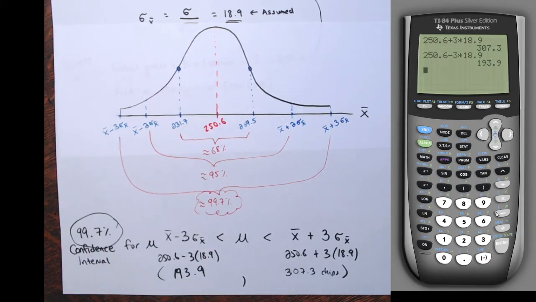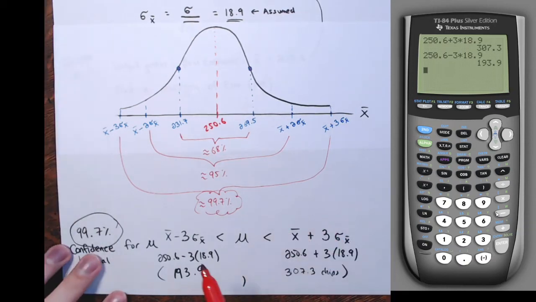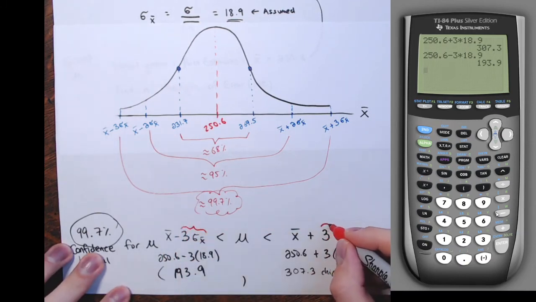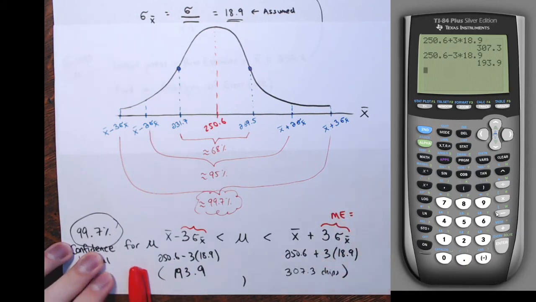Now, if they wanted, say, just the margin of error, well, remember how a confidence interval is formed. You have your point estimate plus the margin of error and minus the margin of error. So this 3 times the standard deviation would be the margin of error, ME. So what's 3 times 18.9?